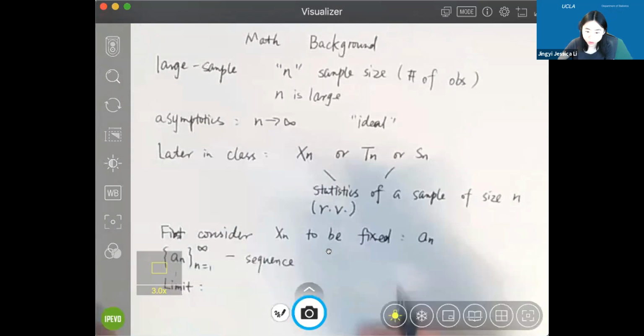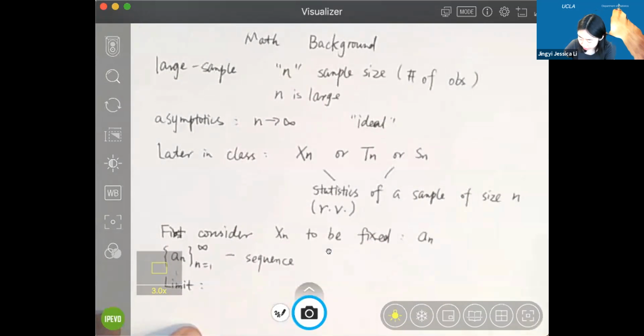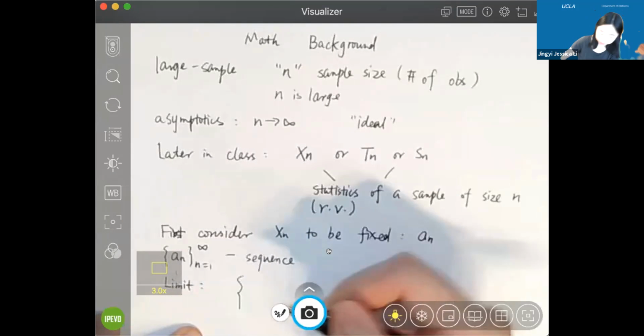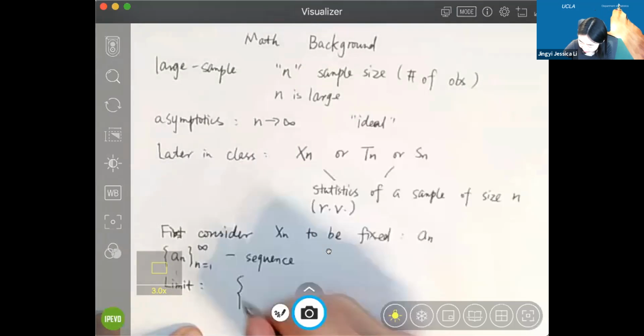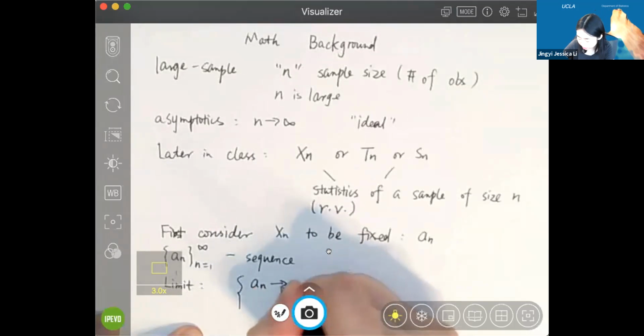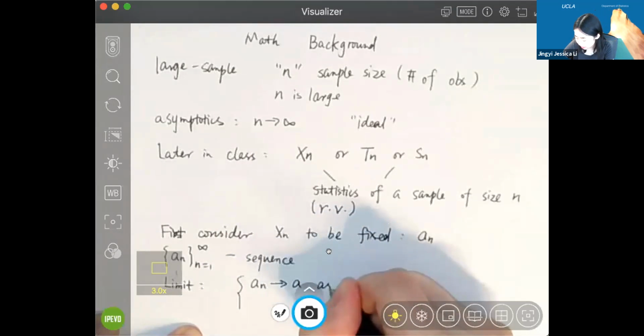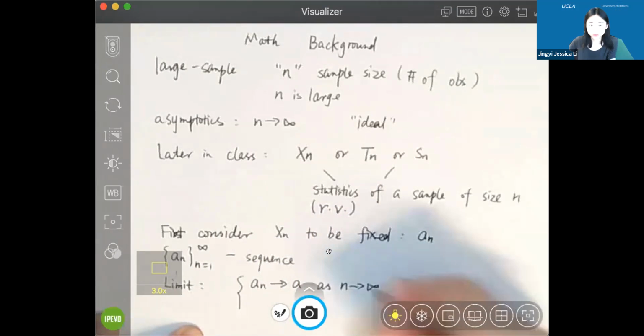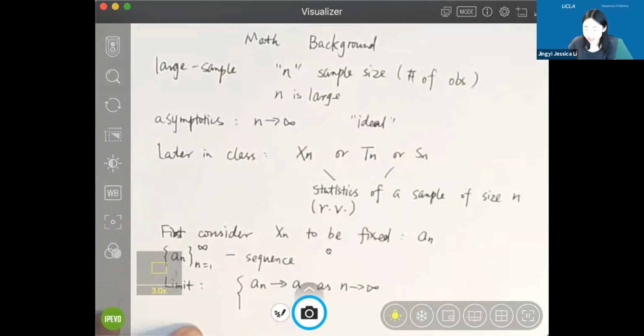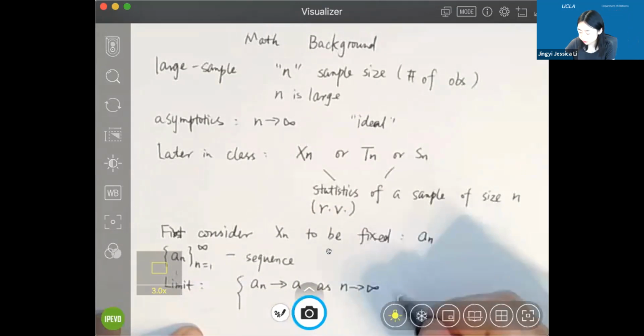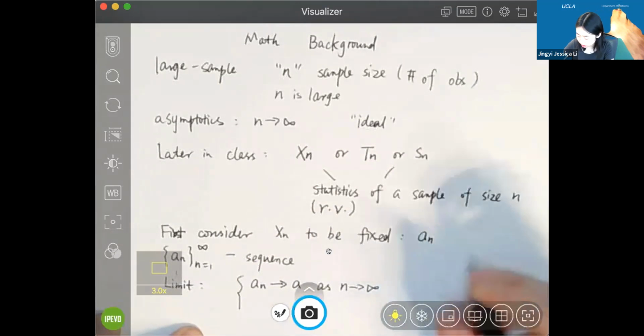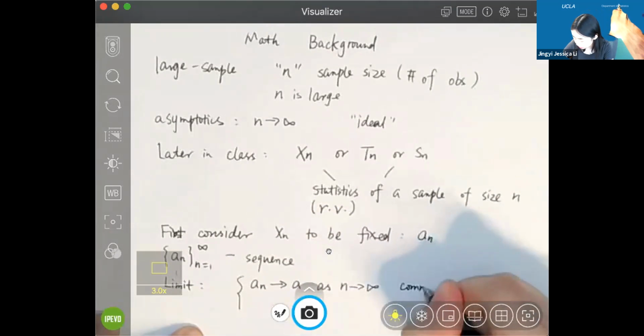For example, we can write it in two ways. These two ways are equivalent. The first way is that we write an right arrow a as n goes to infinity. So we say that an goes to a as n goes to infinity. This is a common notation in statistics.